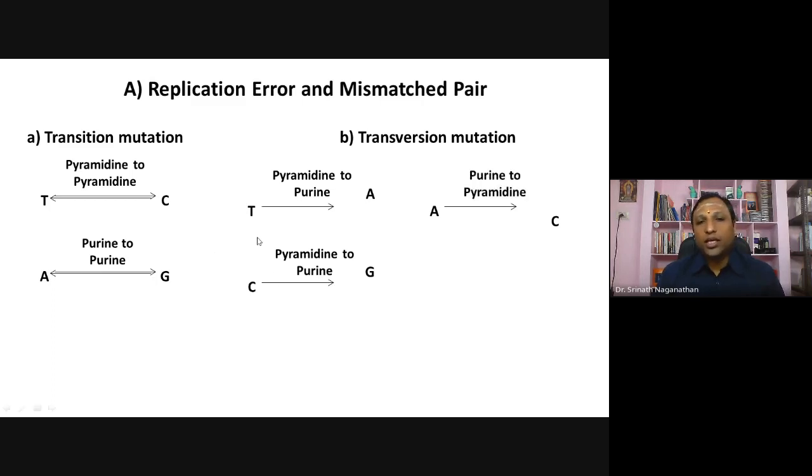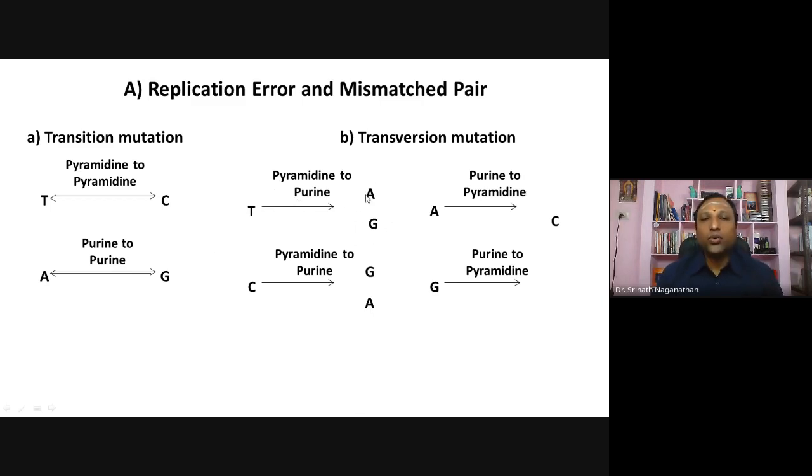You can see in this particular diagram that thymine has to pair with adenine basically. But in this scenario, they are going to pair with another base, a pyrimidine. They will also pair with guanine here.